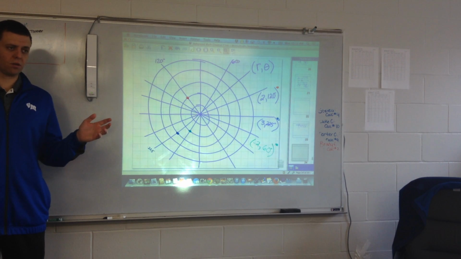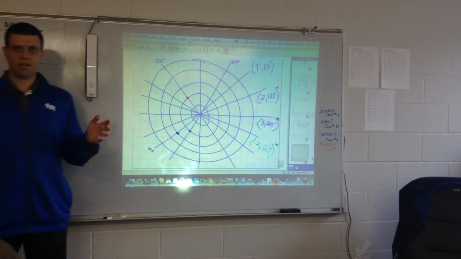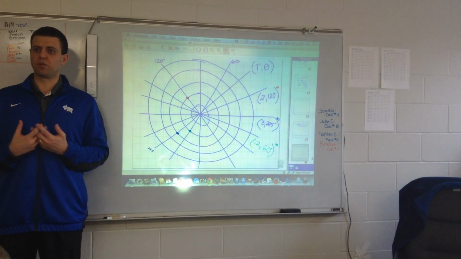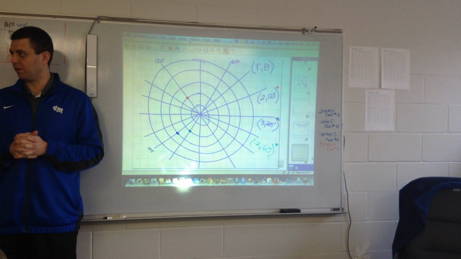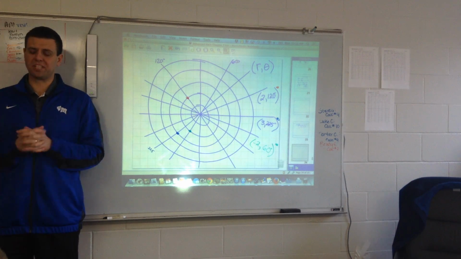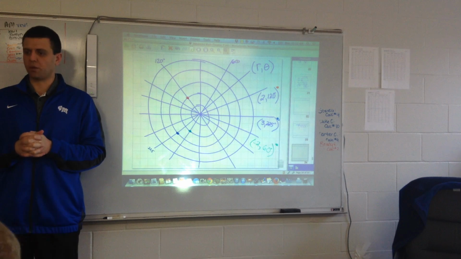Here's how simple they are. I'll go over them real quick, I guess. If I told you to graph the equation r equals 4, draw the circle at 4. Because what does r represent? Distance away from the origin, right?